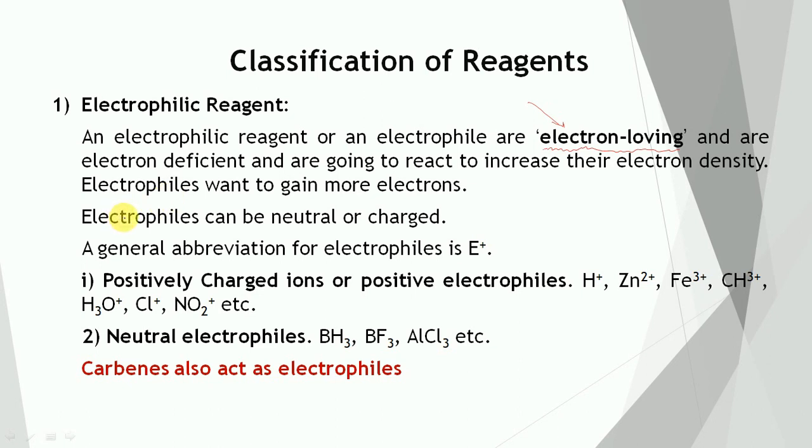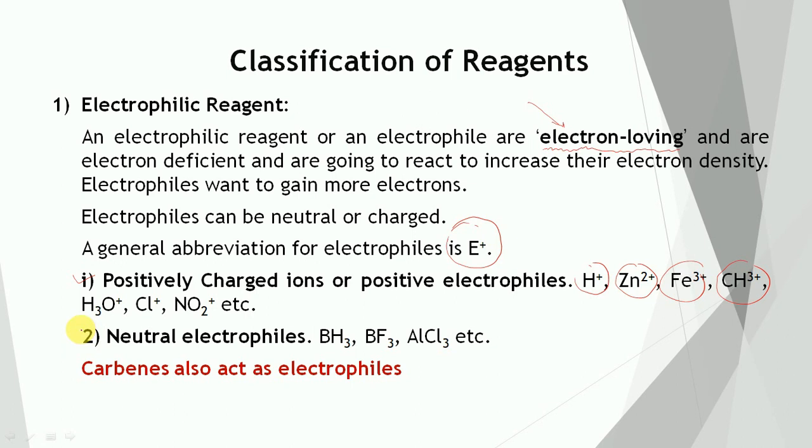Electrophiles can be neutral or charged particles, and in chemical reactions they are denoted with the symbol E+. So they are positively charged ions or positive electrophiles. For example, H+ ion, Zn2+ ion, Fe3+ ion, carbocations, hydronium ion, chloronium ion, nitronium ion. These all carry a positive charge.